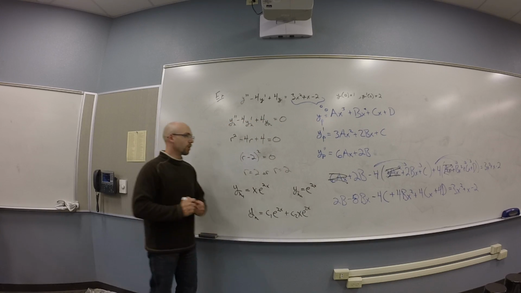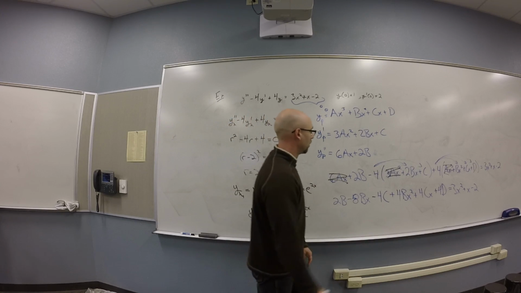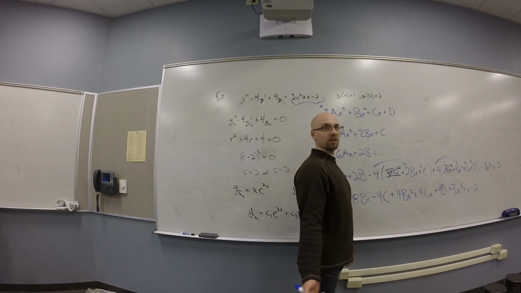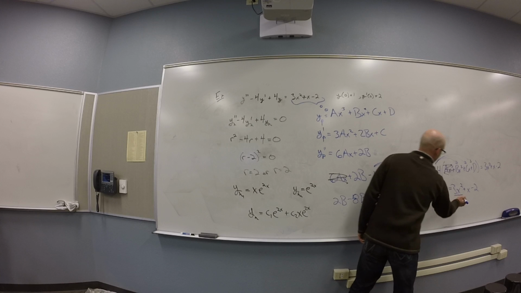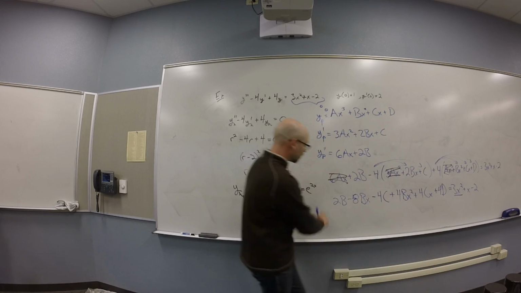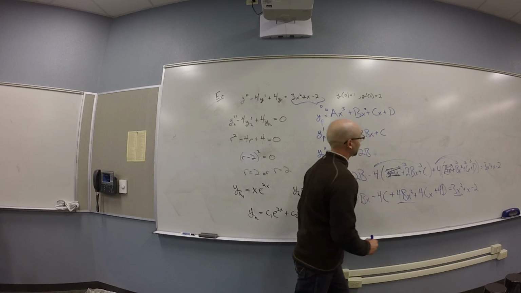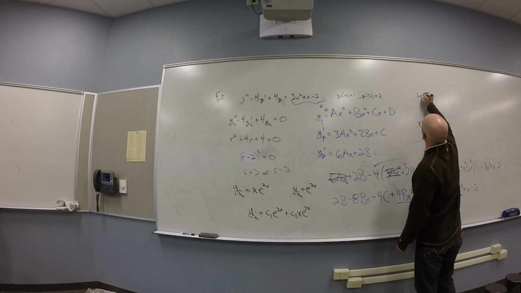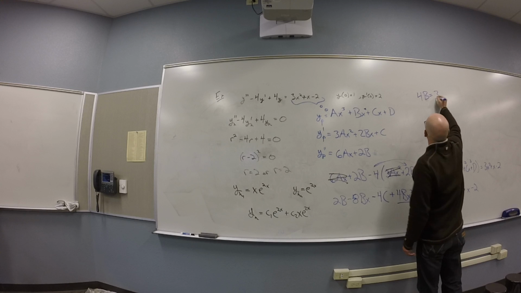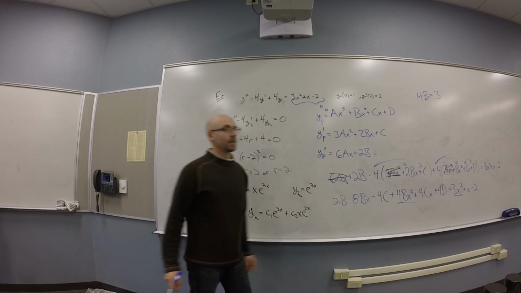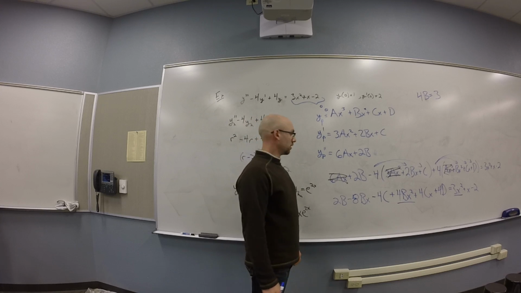Right, so then you go through and start someplace. I'd start with the highest terms. So you got 3x squared, where are your x squareds over here? Just the 4bx squared. So off to the side, I write 4b equals 3. The number of x squareds on the left side has to match the number on the right side.